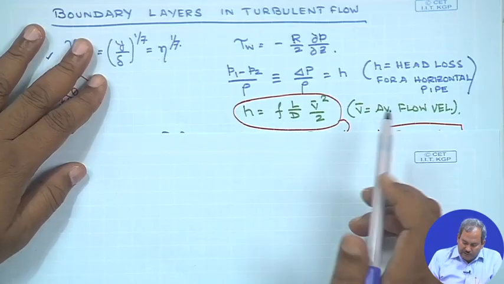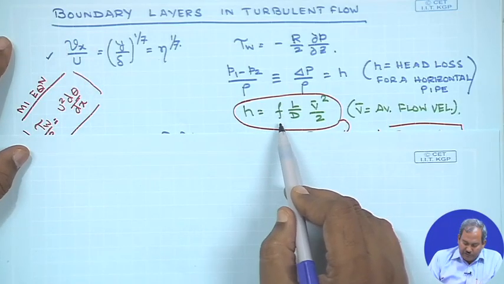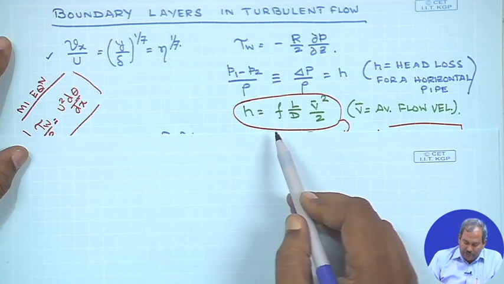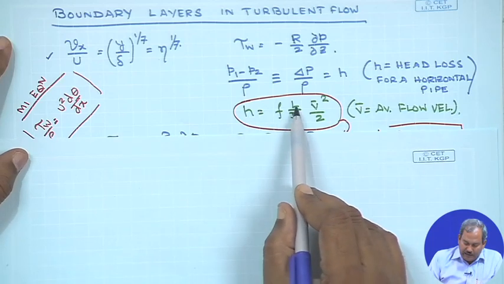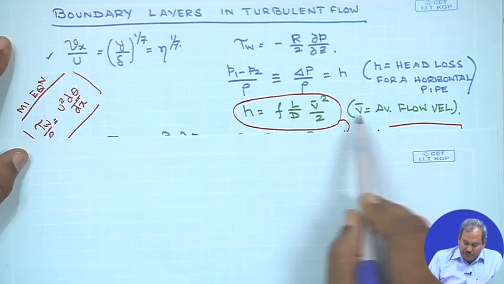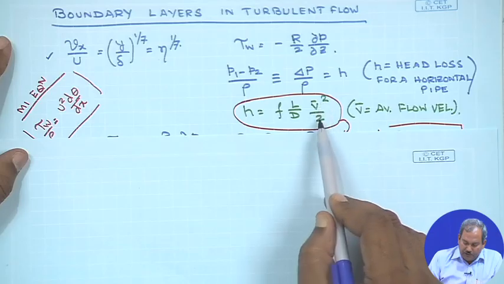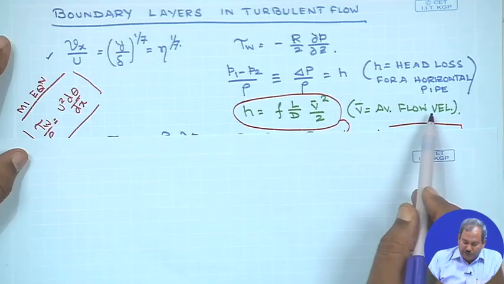We also understand that this head loss, using the friction factor formula from fundamental fluid mechanics, is simply H equals f L by D times V bar square by 2, where V bar is the average flow velocity.